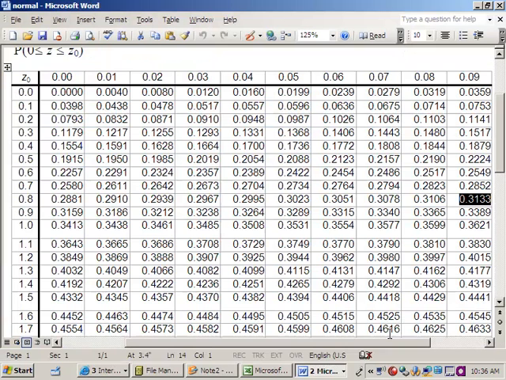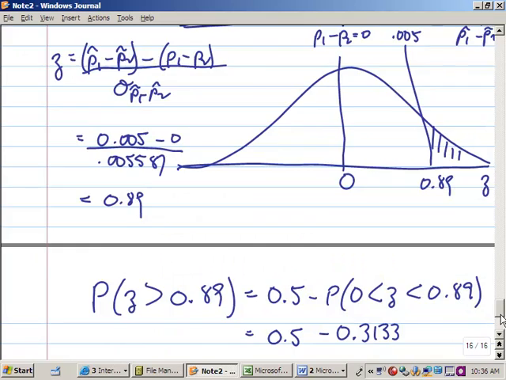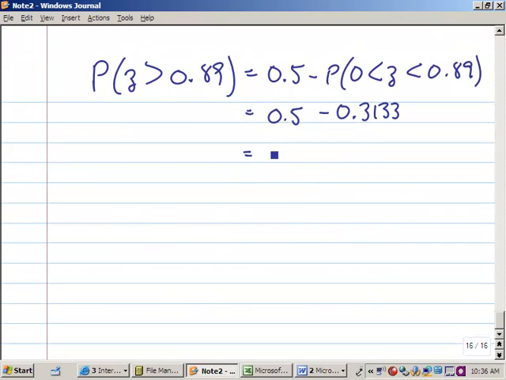Let's check myself. The answer to that, doing it quickly in my head, should be something like 0.1867. So the probability of getting a decrease in the chargebacks, if there was no change, is about 18-19%. So it would seem that there has really been no change there. But anyway, that's that problem in terms of calculations, and that's the end of this video.